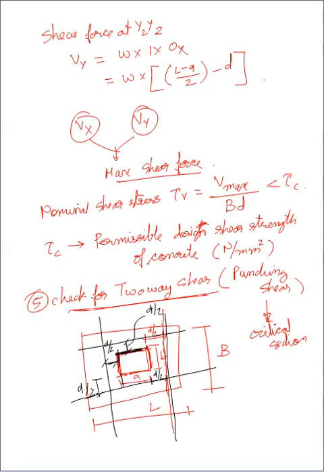So how will the figure look? The same figure, if I modify it by putting d/2 on all the sides, will look somewhat like this. So what will this dimension become? d/2 on both sides, so it will become A plus d.